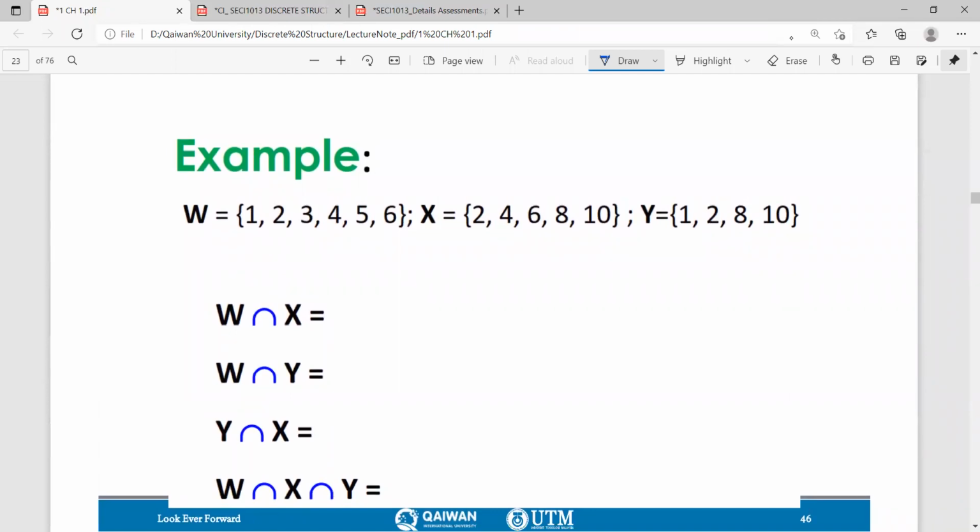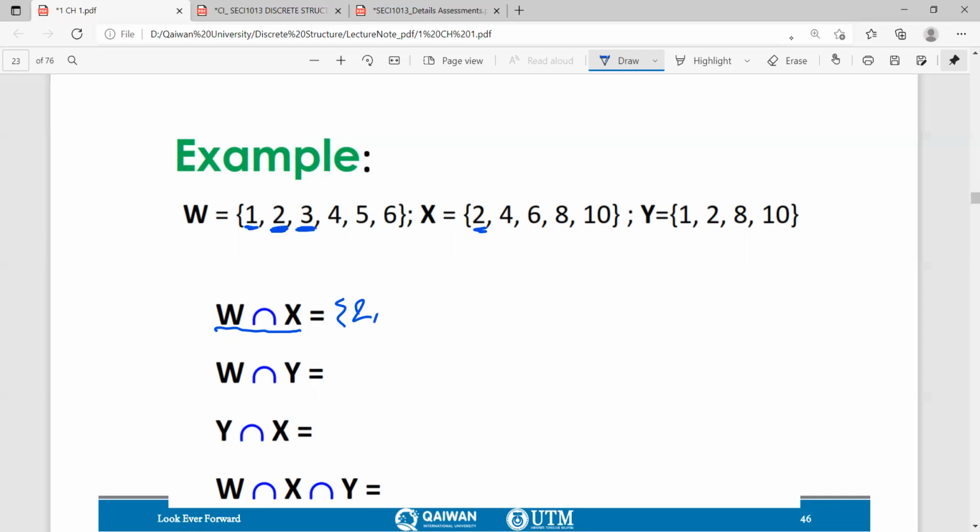We have this example. We are given W, X, and Y, and you should find W intersection X. We should pick only the common elements of W and X. This is W. Do you have 1 here? No. So you don't write down 1. How about 2? Do you have 2 in X? Yes. So you write it down. 3. Do you have 3 in X?